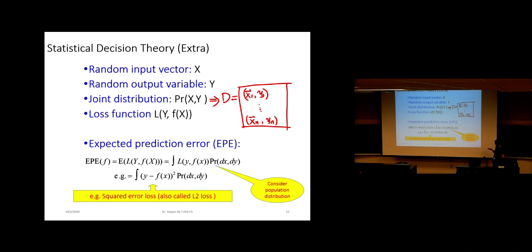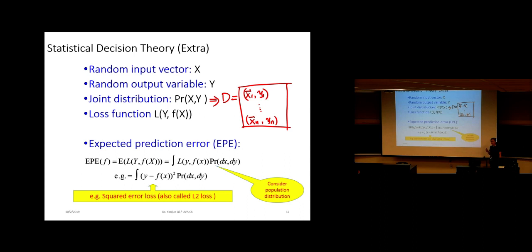What I care about is the expectation of this loss between y and the predicted f(x), its difference. This is the g(x). If you remember, this is just the g(x) in the expectation formula, taking the integral over all the possible x, y pairs. So this is the expectation of the prediction error, considering the whole distribution.